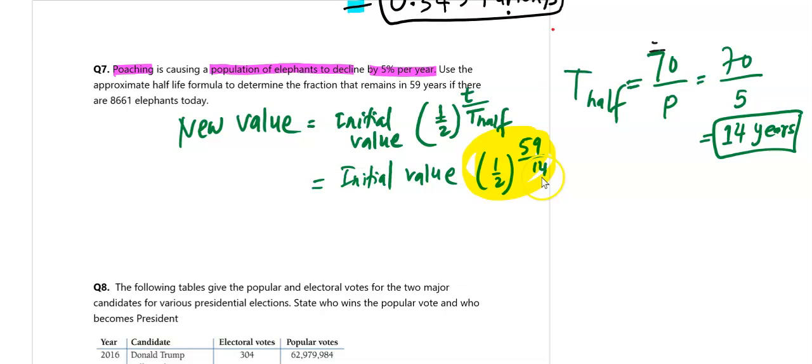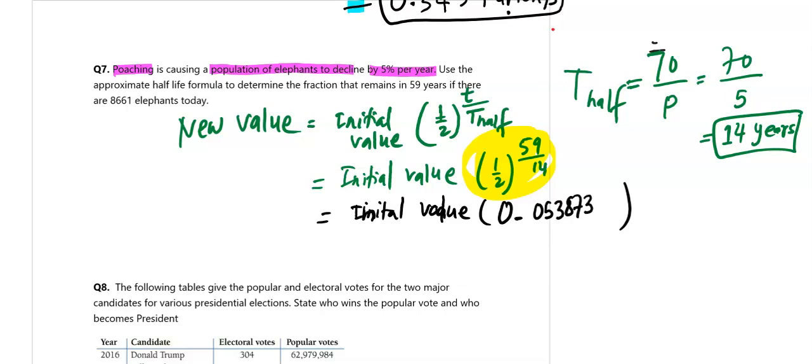If you do that in the calculator, you get this. Let me write down here initial value, and this gives you 0.053873. I rounded a couple of decimals.